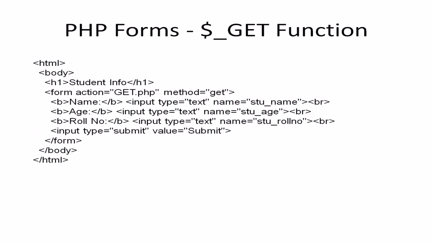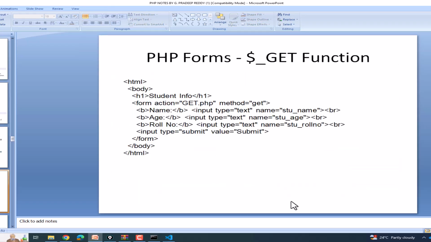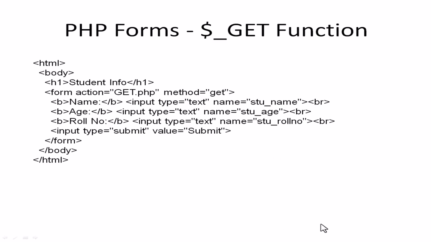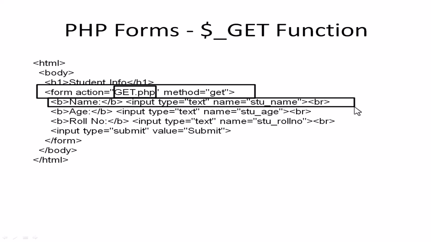Now I am going to save this particular code. This code contains a form. The form has an action, get.php, which is the content to be invoked. Next, it contains input type text for student name, student age and student roll number.